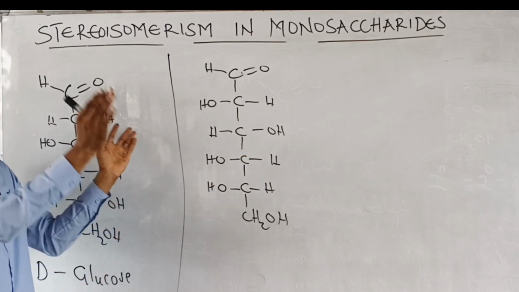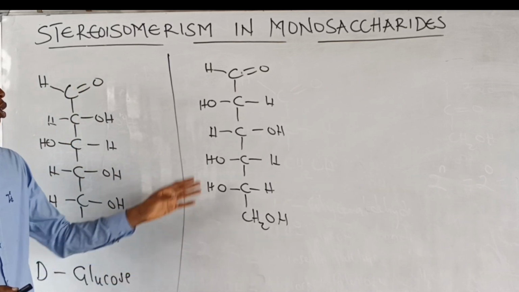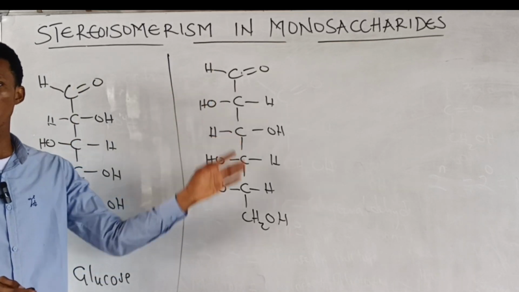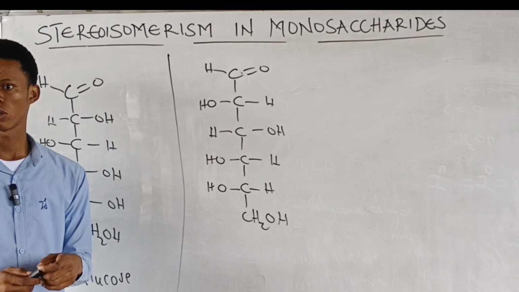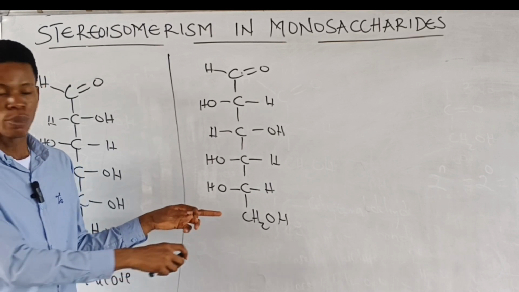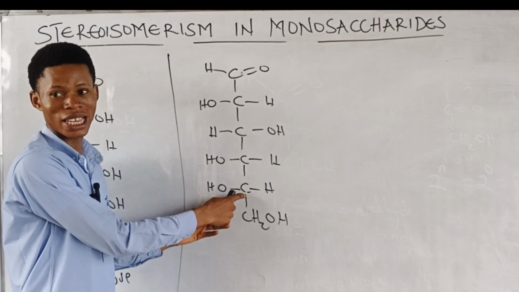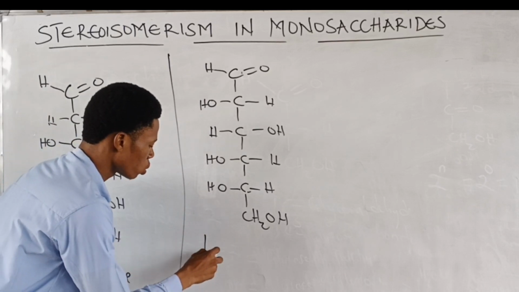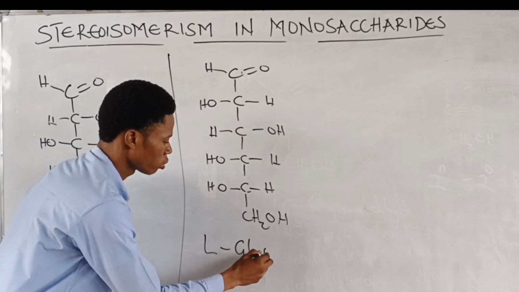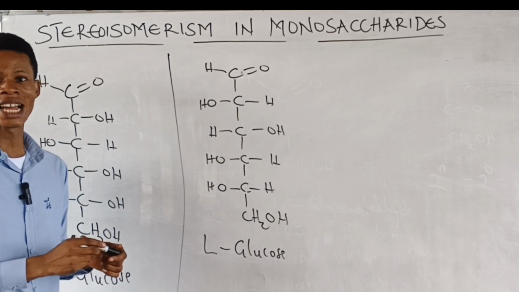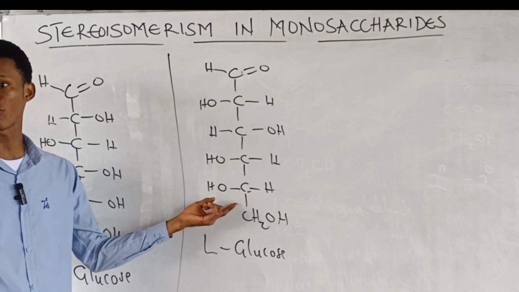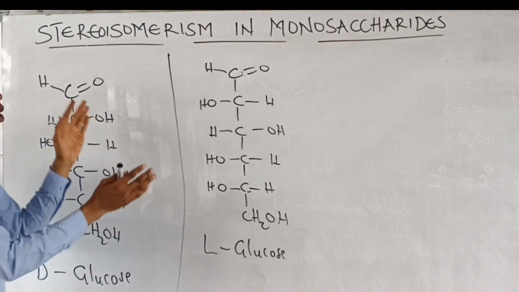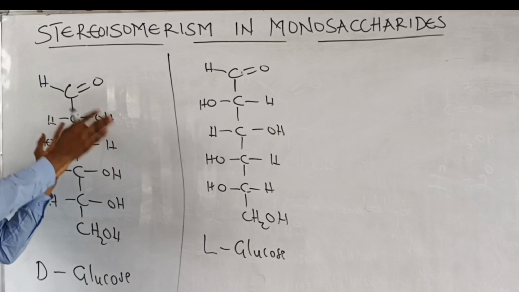So it's just like I flipped it. Now, will you say this one is L-glucose or D-glucose? L-glucose. Why? Because the OH on the penultimate carbon is on your left, right? So this is L-glucose. Please notice that I did not change only the penultimate carbon. I flipped everything. It's like a mirror image.